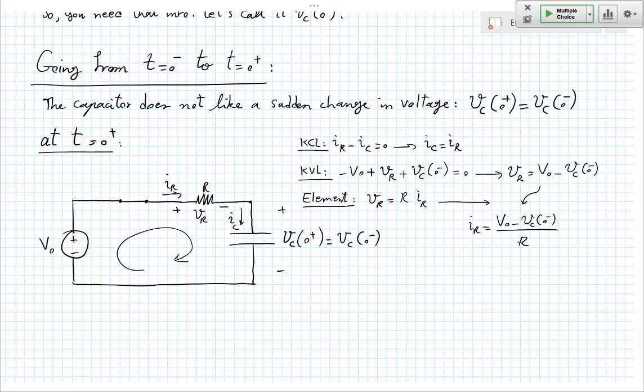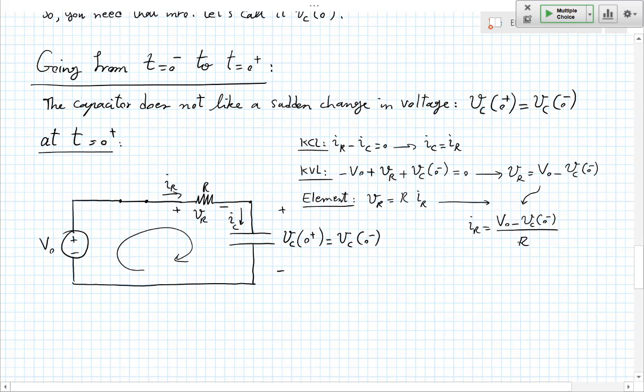So this is how you have basically fully analyzed this circuit at the point t equals 0 plus in time. Now maybe you didn't care about knowing the value of the capacitor current or resistor voltage. Maybe I just wanted to show you that you can do a full analysis. It might be that for our purposes they were not needed specifically. But this is what's happening at t equals 0 plus.